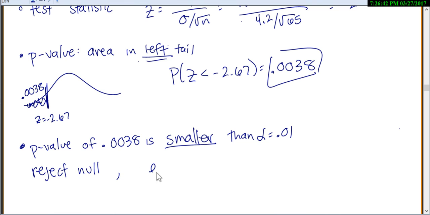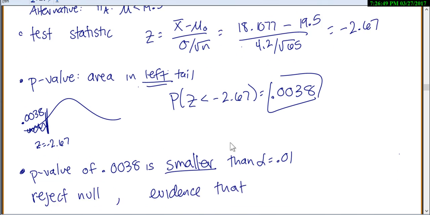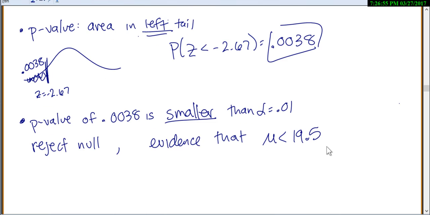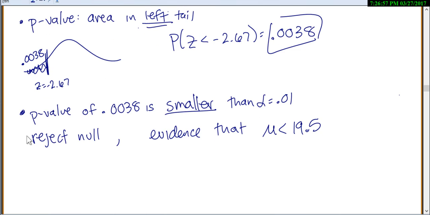And if you reject the null, that means we have evidence for the alternative. So the alternative is that mu is less than 19.5. So evidence that mu is less than 19.5. And so my final conclusion and interpretation would be that we have very strong evidence, and I'll tell you why I wrote very strong in a minute.